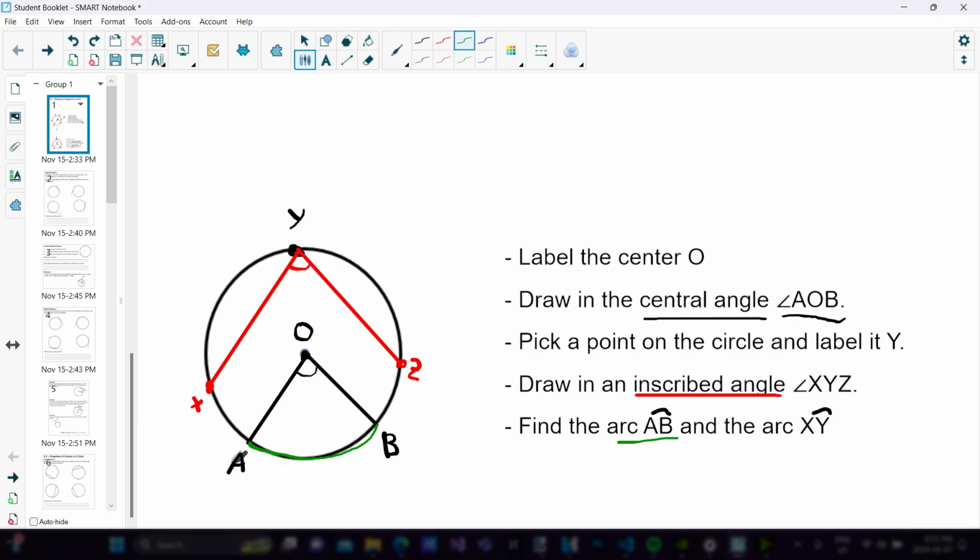So we would say that that is arc AB. Similarly, arc XY is the shortest distance on the circle from X to Y. So if X is right here and Y is right here, the shortest distance from X to Y is right there. So that's arc XY.